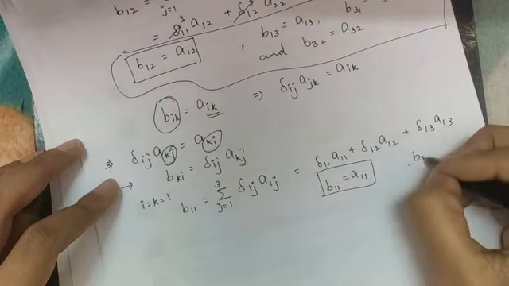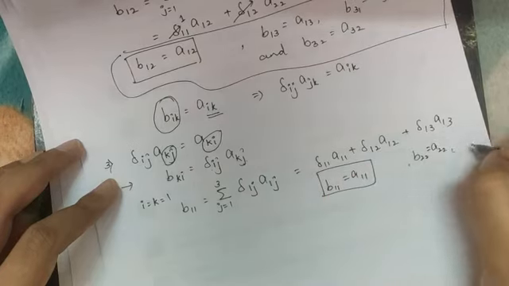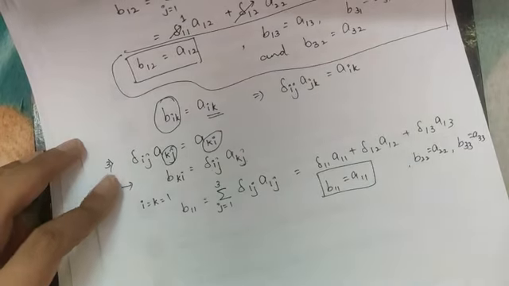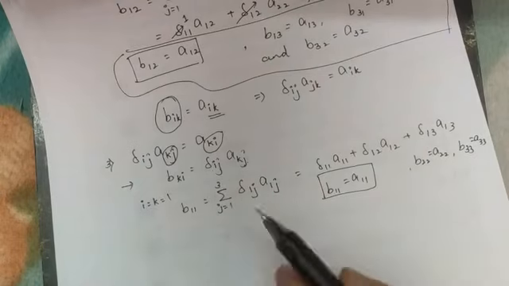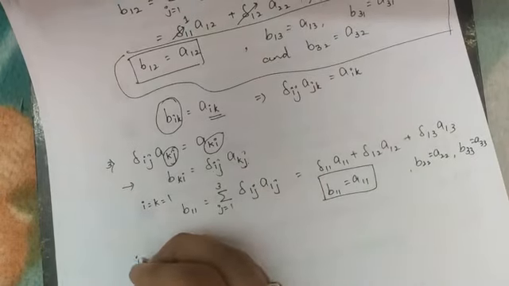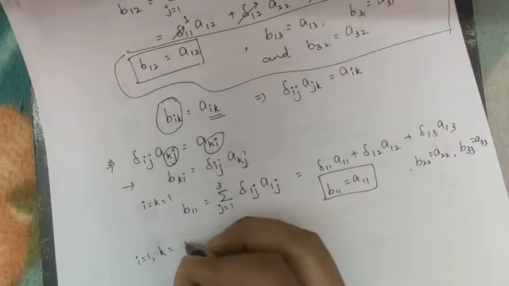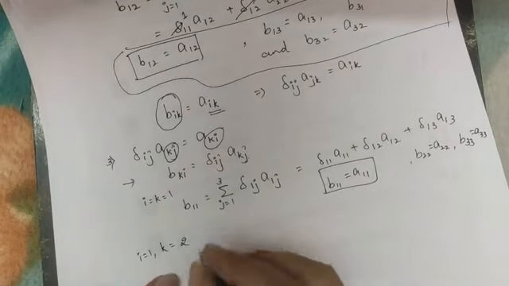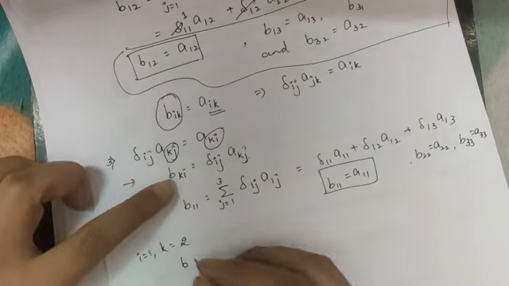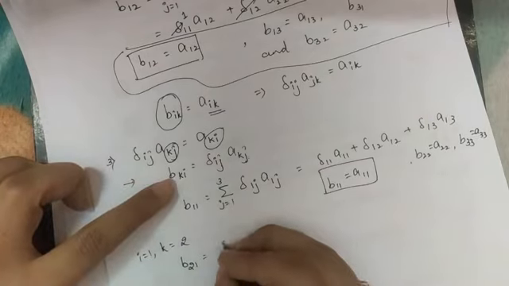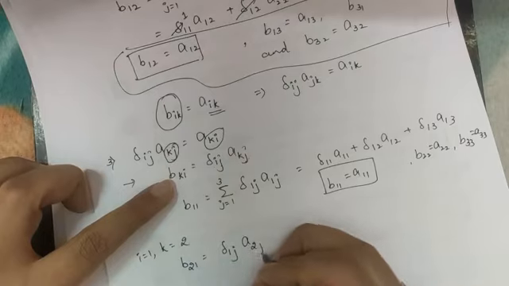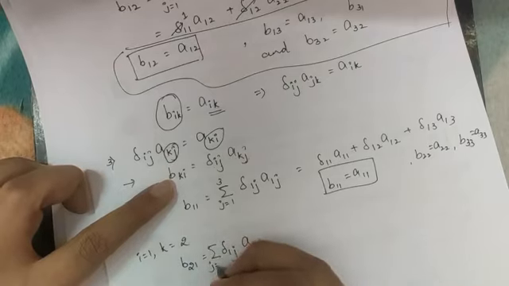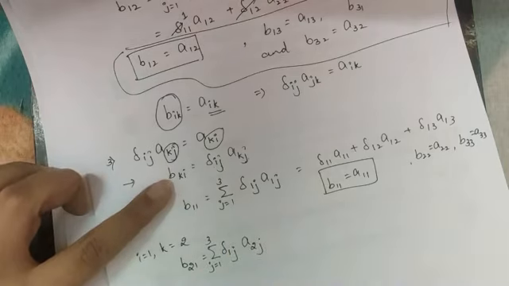Similarly, we can write b22 is equal to a22 and b33 is equal to a33. So now we have to find the values when i and k are different, right? So if i is equal to 1 and k is equal to 2, that is b21 is equal to delta 1j a2j. I have a summation j is equal to 1 to 3.